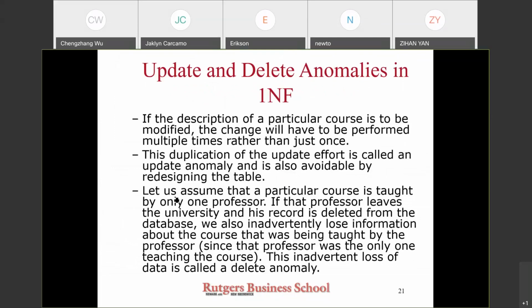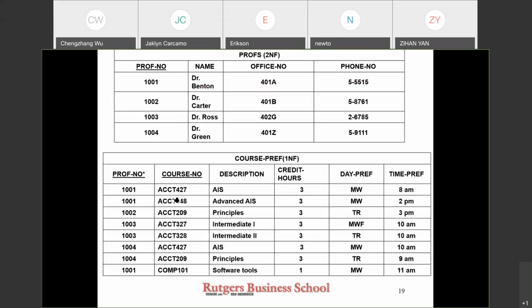Well, if the description of a particular course is to be modified, the change will have to be performed multiple times rather than just once. As you can see in this table, the course description for the same course is repeated multiple times.